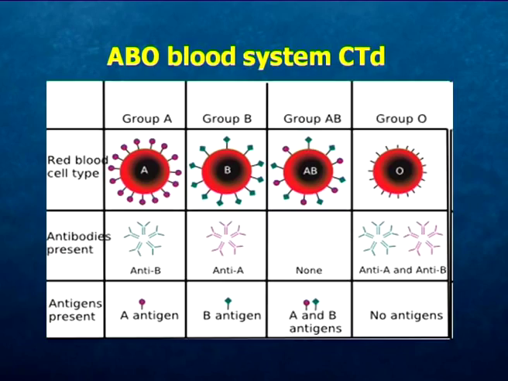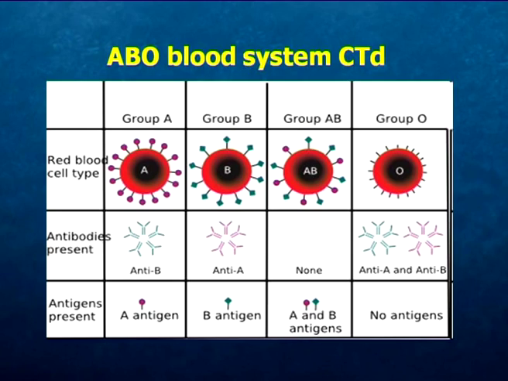If one antigen is present, the respective antibody will be absent. Therefore, AB persons have both antigens on the surface of their RBCs, but the respective antibodies, anti-A and anti-B, are absent in their plasma or serum.